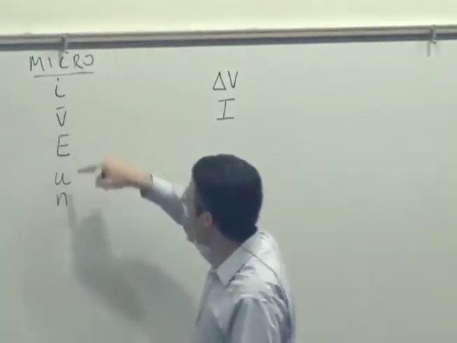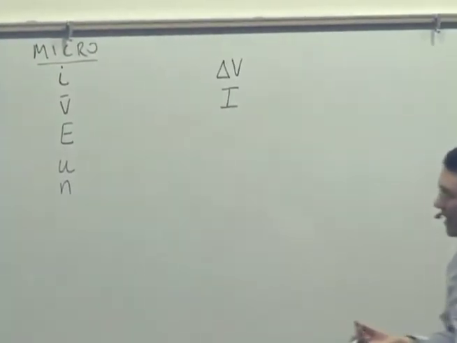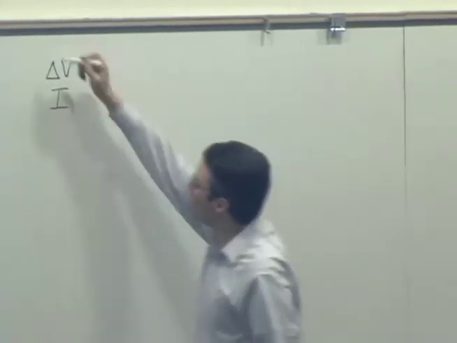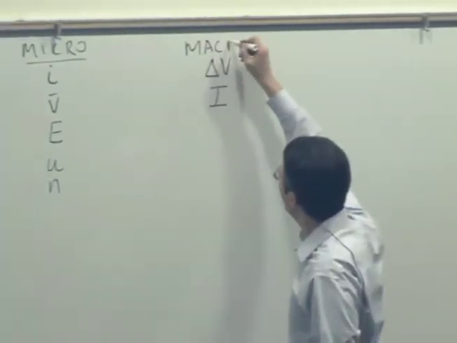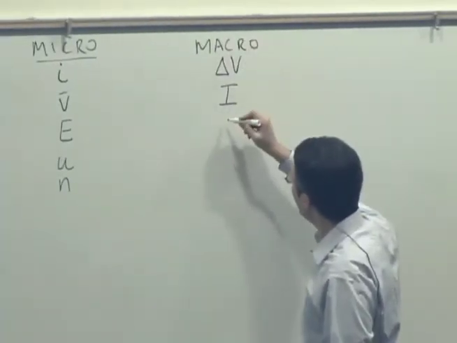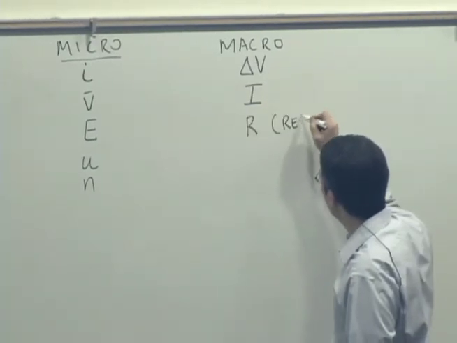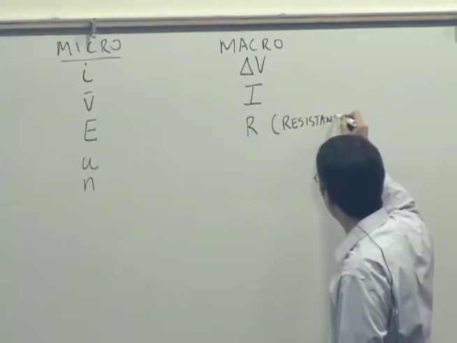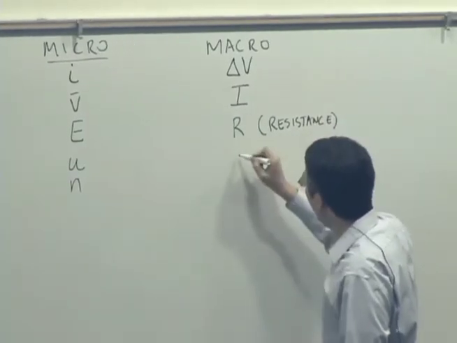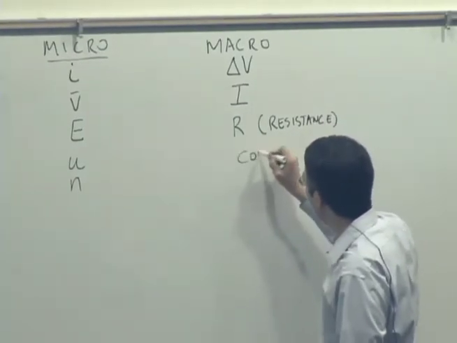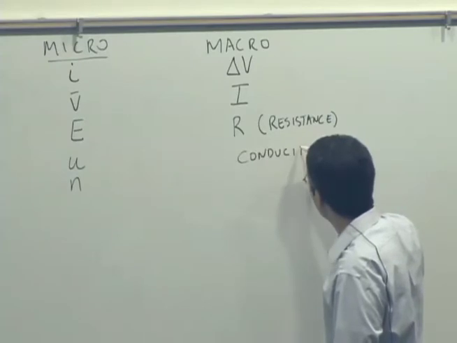On the micro side we've had mobility and electron density. On the macro side, it's easier to deal with quantities we'll call resistance, which you probably have heard of, and something called conductivity, which we'll define in just a second.